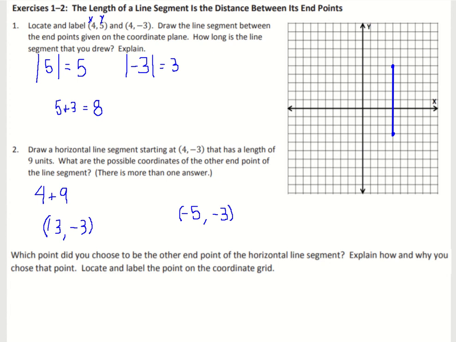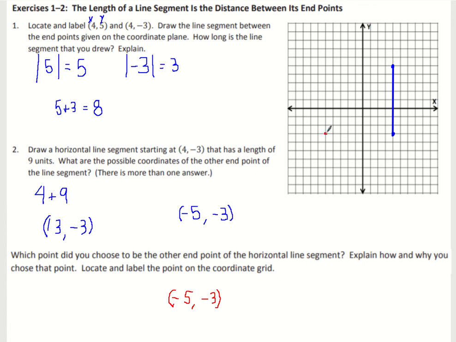So it's asking us what point did we choose. The point that I'm going to choose for this one is -5, -3. And hopefully you can understand why. Because I don't want to have to change the scale on my graph that I've already started. So the only point that fits on the graph that I've already started is going to be -5, -3.